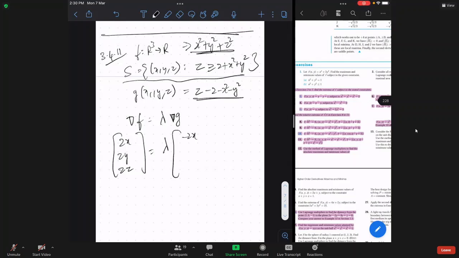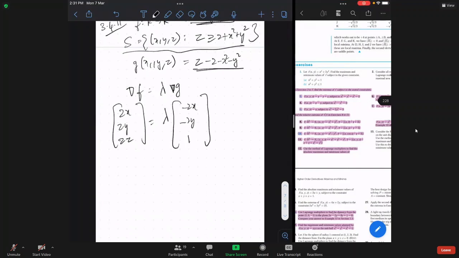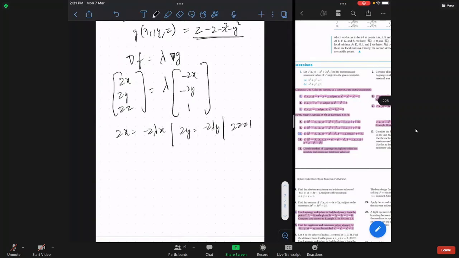Delta g is minus 2x, minus 2y and then 1. So if you try to solve these set of equations, 2x is equal to minus 2 lambda x, 2y is equal to minus 2 lambda y, 2z is equal to 1. So from this, I can have my lambda is -1. I get the same thing. And then my z is equal to half.